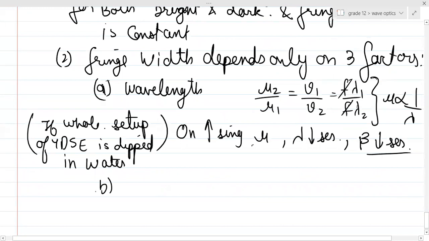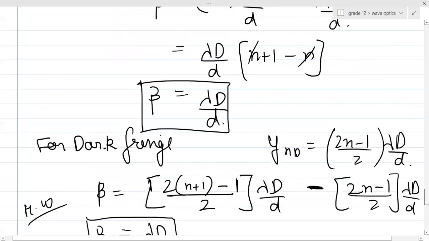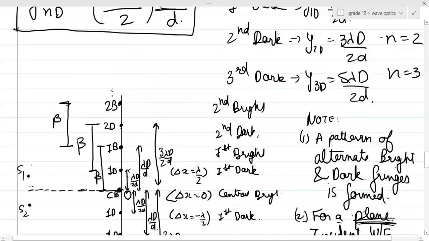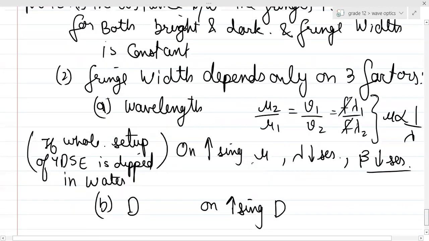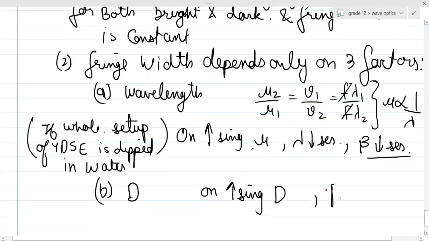The second point is D. D is the distance between the slit plane and the screen. If you increase the distance between the screen and the slit plane, then you will be increasing beta.